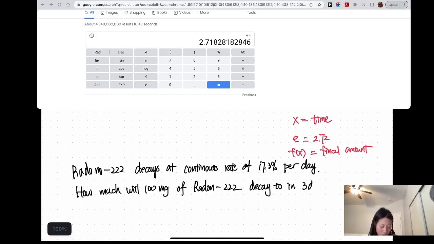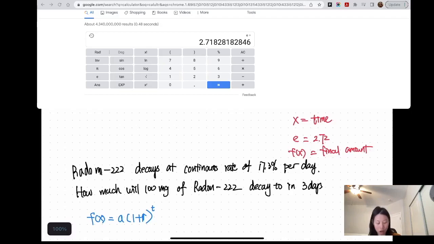in 3 days. So remember that in the previous videos, I think it's the first video where we talked about exponential functions, we have something similar to that. By that time, we used the formula f(x) equals A times 1 plus r to the t power, where t is the time on top and r is the rate.